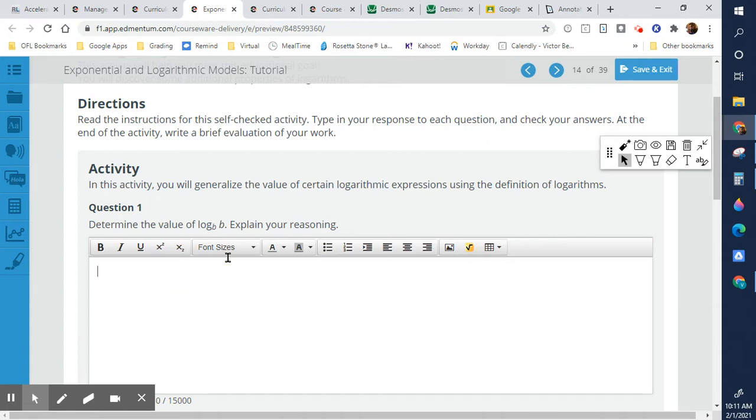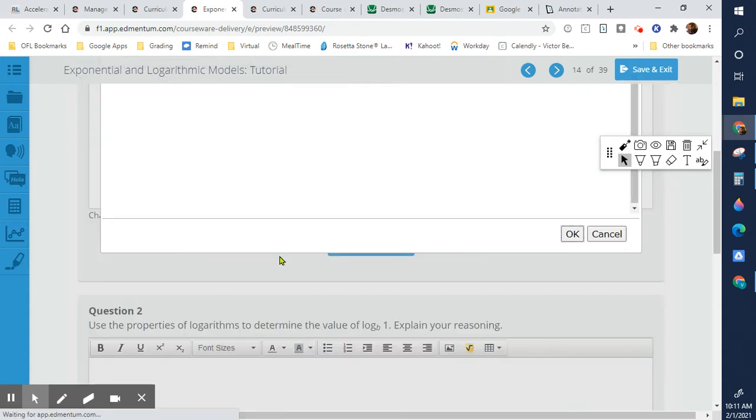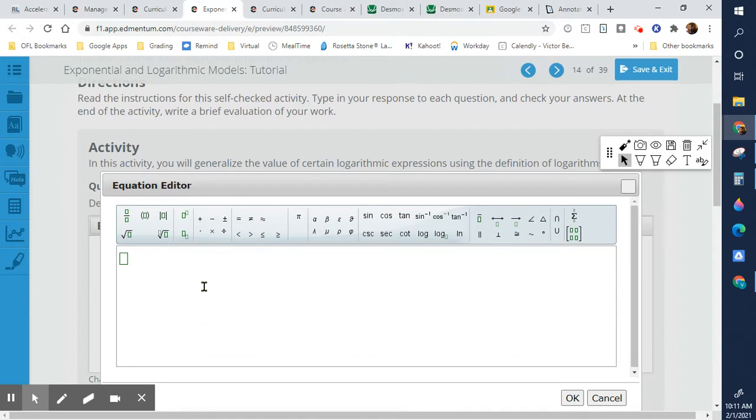So the first thing that I would recommend doing is going into the equation editor, and we're going to write down log sub. This is how we're going to do the subscripts here. Log sub b of b is equal to b to the x.